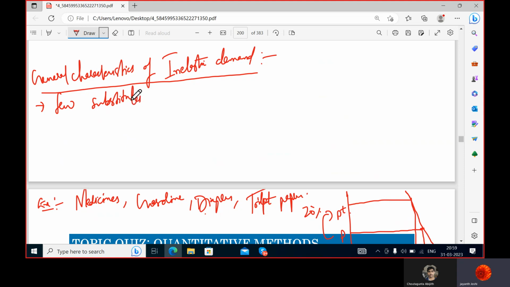There is no substitute for milk, correct? Milk has no substitute. Necessities. Small portion of income, let's say. We want them immediately. We cannot take them later or wait for them.